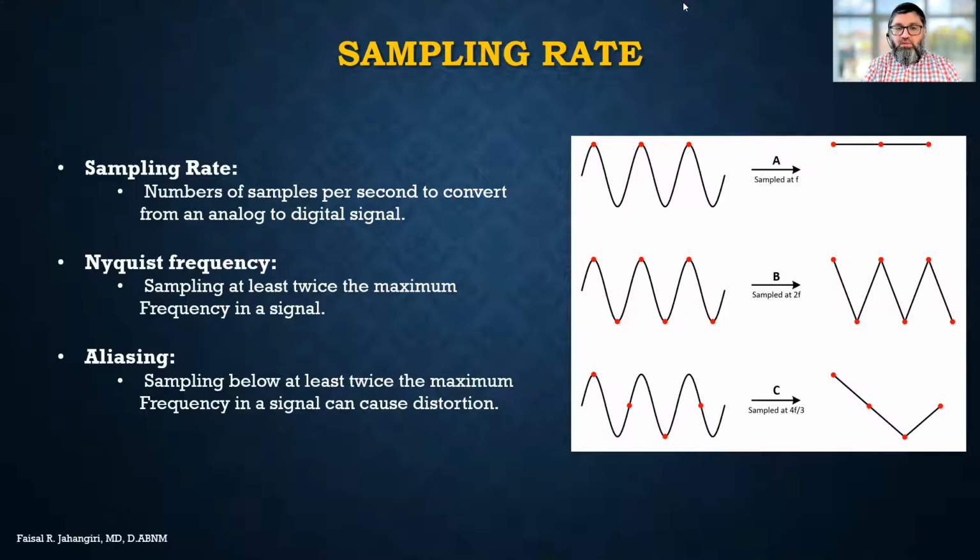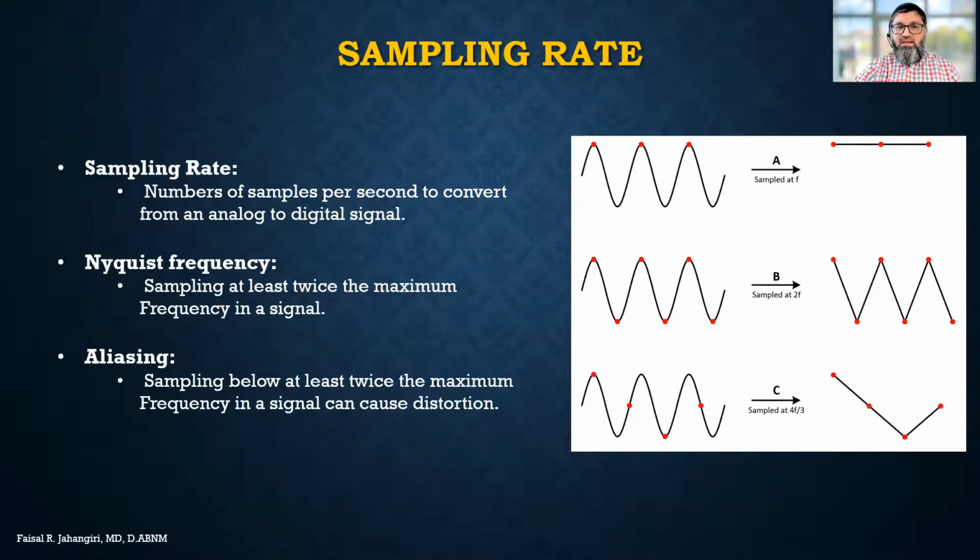We have to sample that analog signal and convert it to a digital signal using an analog to digital converter, and that signal is analyzed digitally. After that it is converted from digital to analog and displayed on the screen as an analog signal.